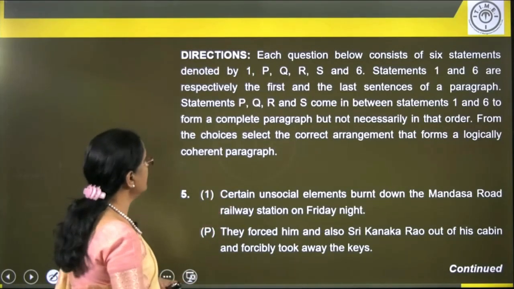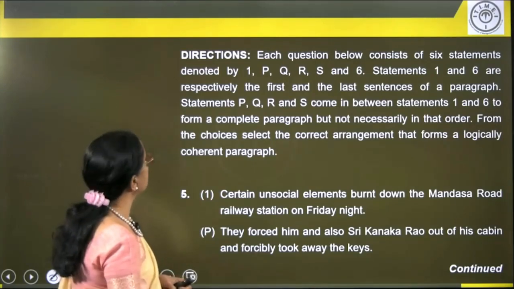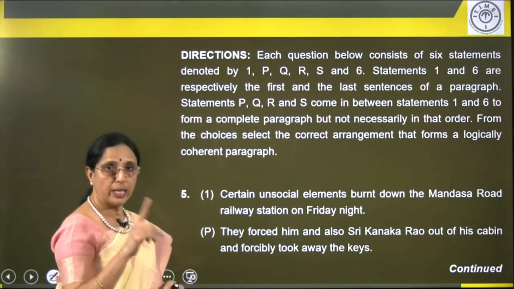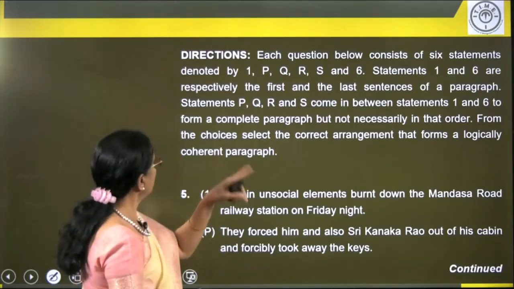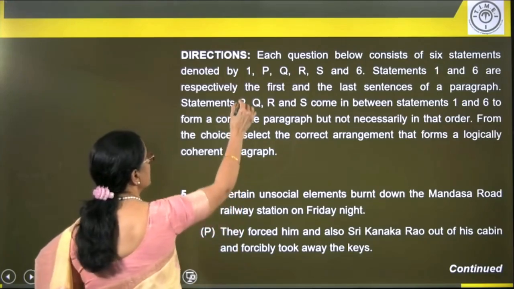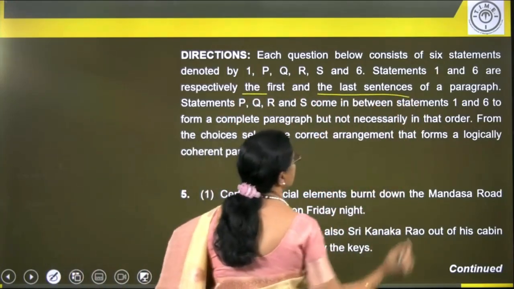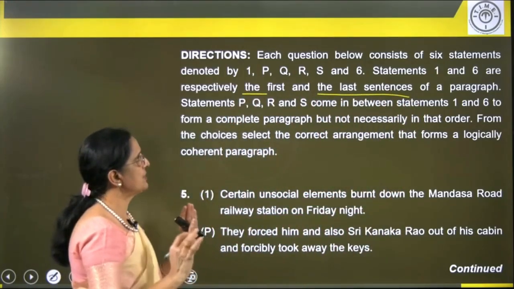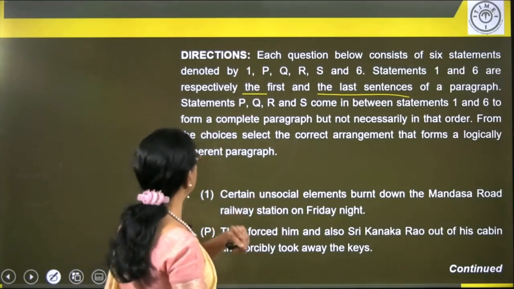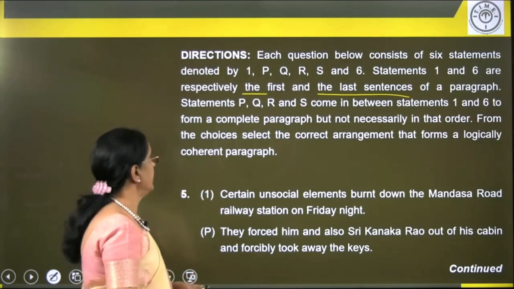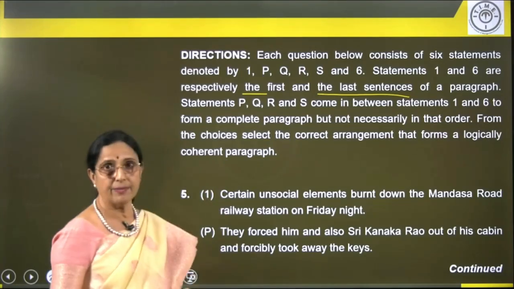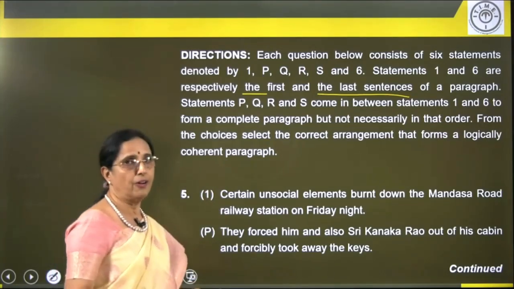Right. Change in the directions. Each question below consists of 6 statements denoted by 1, P, Q, R, S and 6. Statements 1 and 6 are respectively the first and the last sentences of a paragraph. Statements P, Q, R, S come in between statements 1 and 6 to form a complete paragraph, but not necessarily in that order.